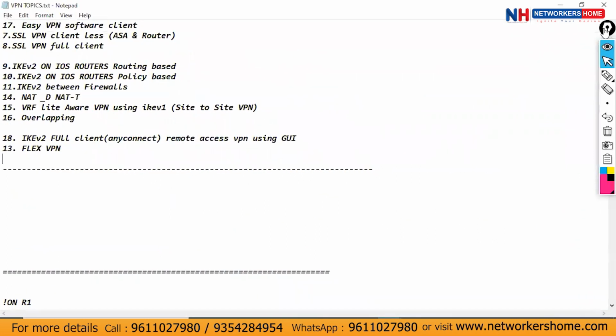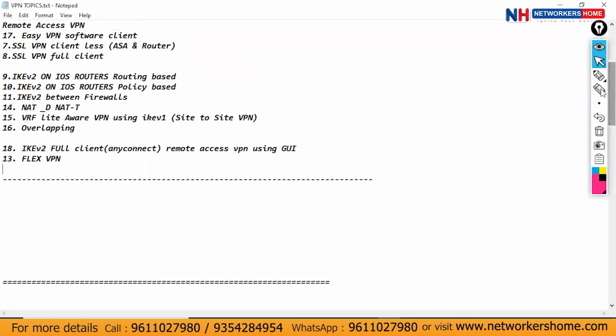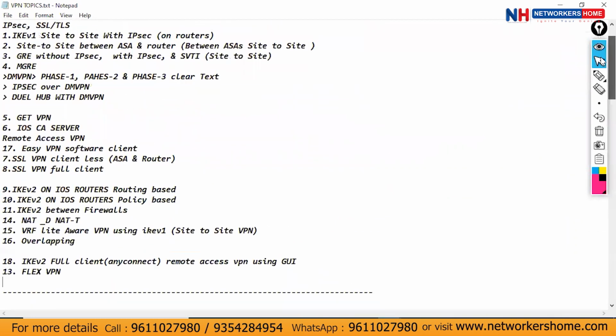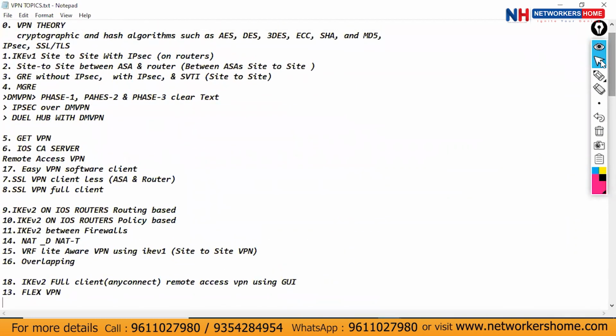VPN is required whenever I need to protect my data. My protection of data can be without an ISP, with an ISP, or within my intranet also. I told you about GET VPN, right? GET VPN, I told you about my intranet.